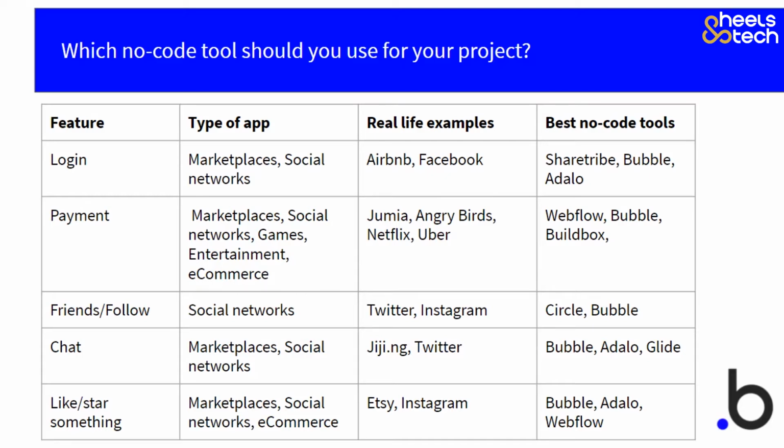But if you want to build something that's mobile native, that people would need to download from the App Store or from the Play Store in order to use, Bubble, fine, Bubble can do that, right? Because there are some plugins that you can use in order to create that possibility. However, the best thing you would do is to use something like Glide or Adalo, right? Those apps are best suited for creating apps that are mobile native, right? So it really depends on the platform you want to build for, and also the features.